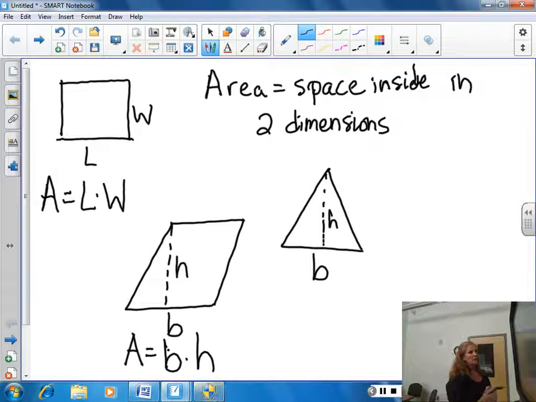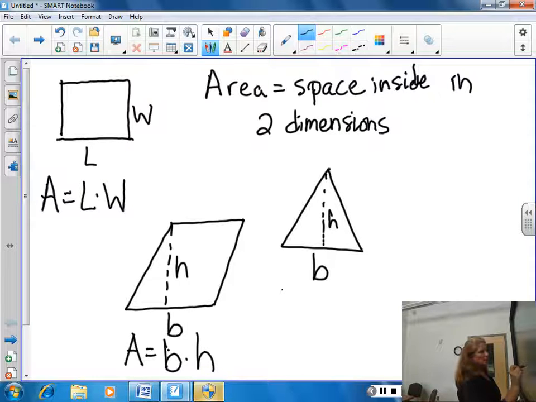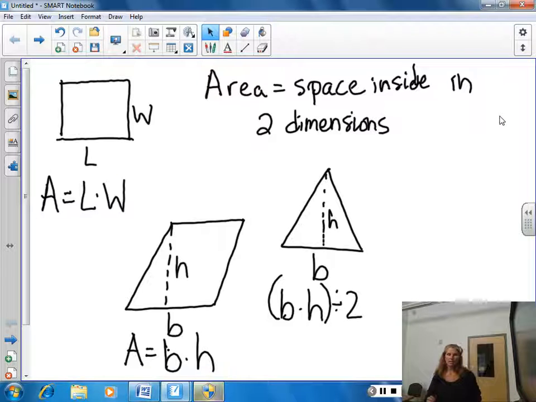It's base times height just like a parallelogram. It's base times height, but unlike a parallelogram, once you get that, you divide by 2. So it's base times height divided by 2.